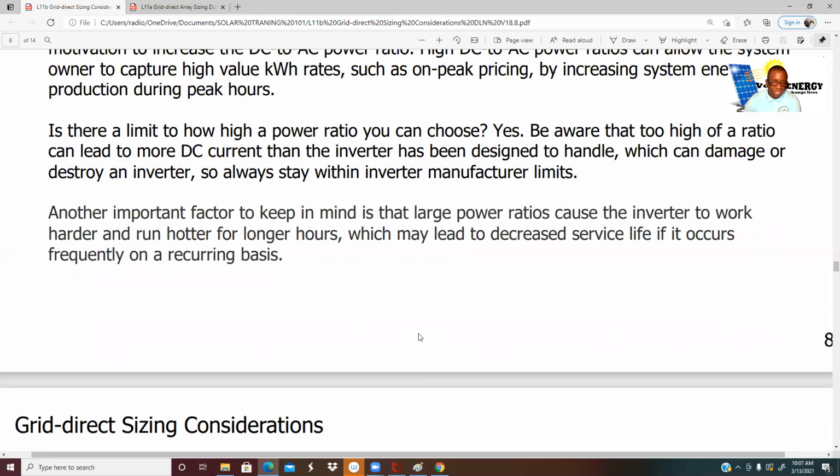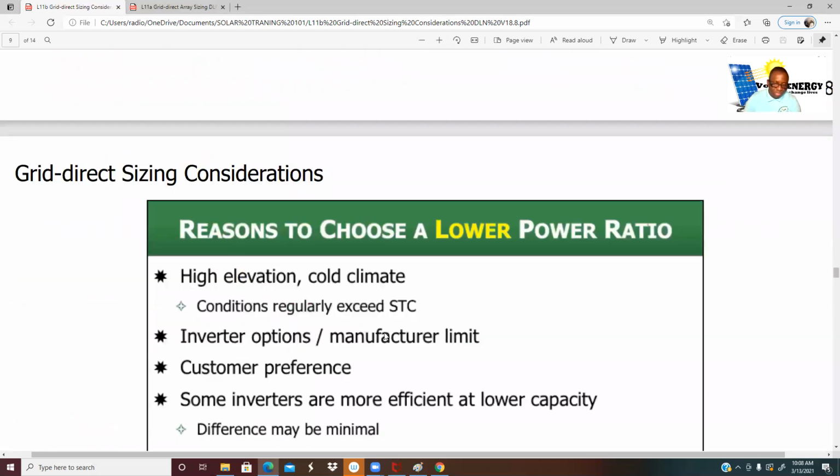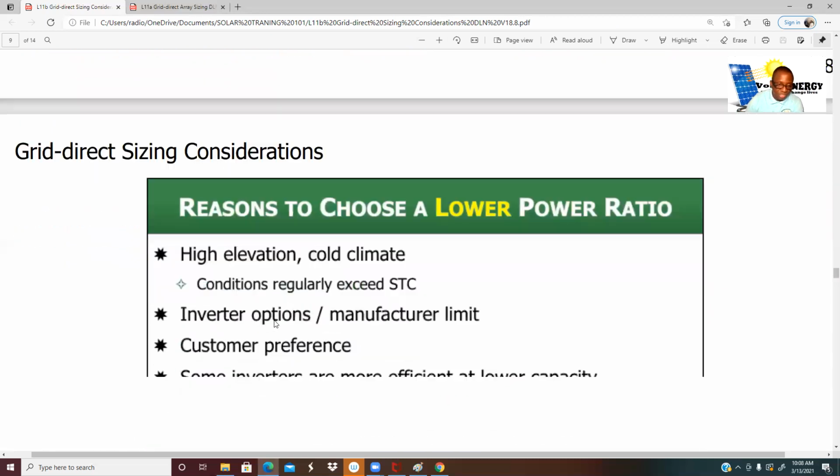Another important factor to keep in mind is that a larger power ratio causes the inverter to work harder and run hotter for longer hours, which may lead to decreased service life if it occurs frequently on a recurring basis. If you overload the inverter with a lot of PV modules, adding more modules than the inverter can handle, it will affect the inverter. That's what they're saying. Take that into consideration.